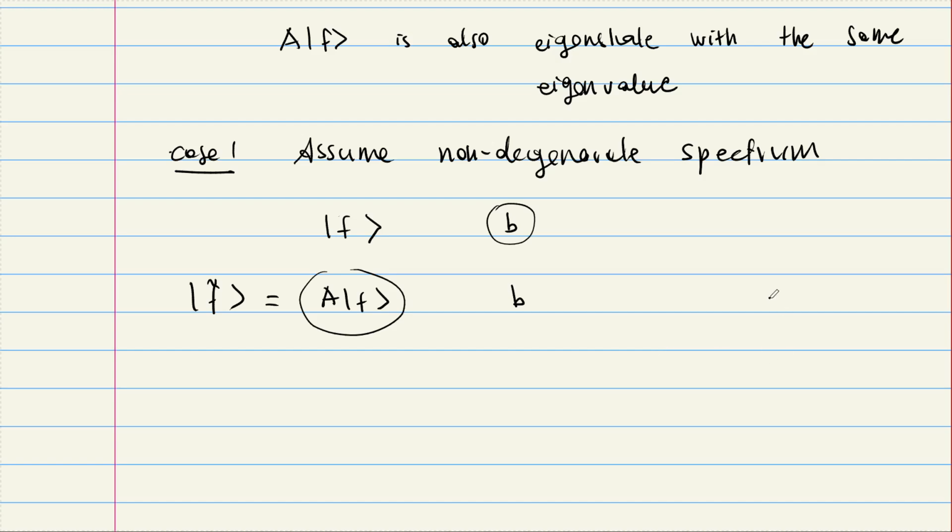Because if there is a given state f, and if I multiply with alpha, it's also an eigenstate, because things are defined up to a constant. From here, exactly like you said, A times f should be proportional to f, and you can see this is also an eigenvalue equation.